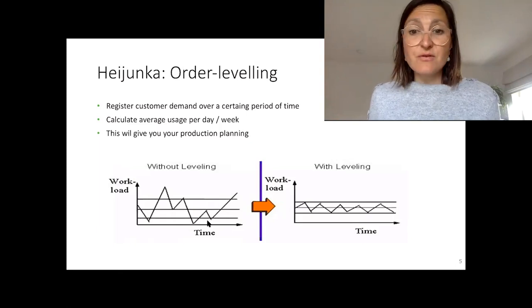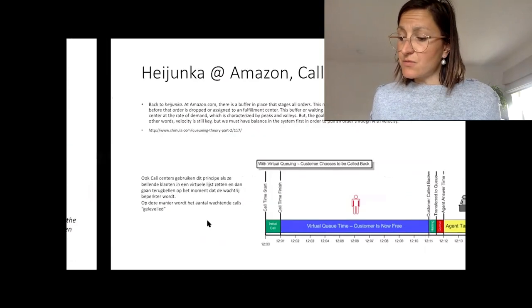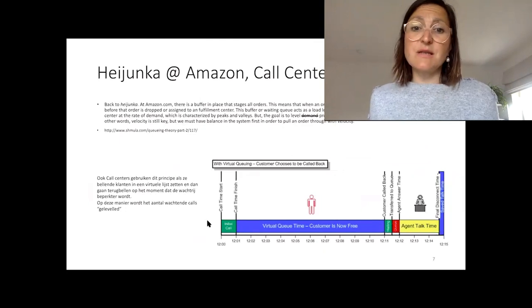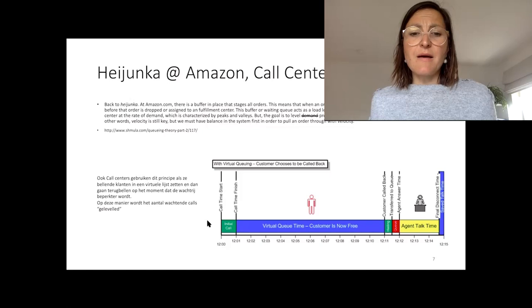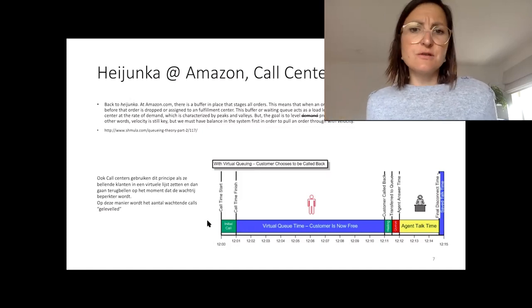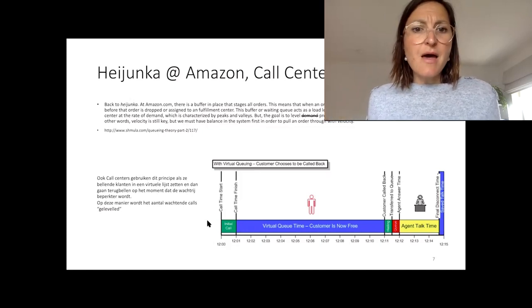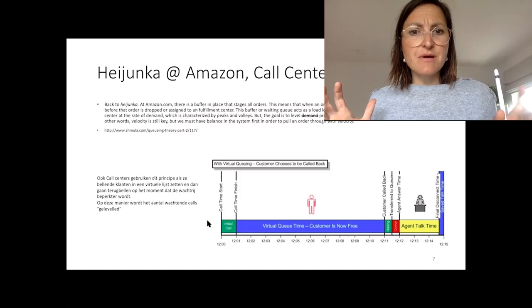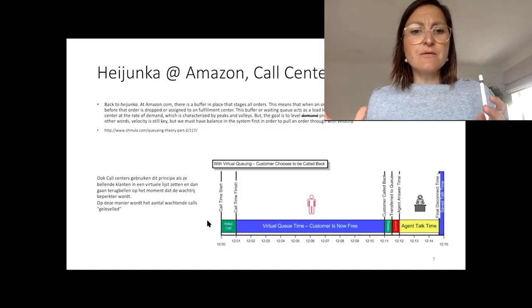A nice example of Heijunka is what Amazon does in their call centers. You can actually find this online. They make a virtual queue when people call into their call center. Call centers use a lot of Heijunka, and they buffer this, right? But now they can use this as a load leveler.